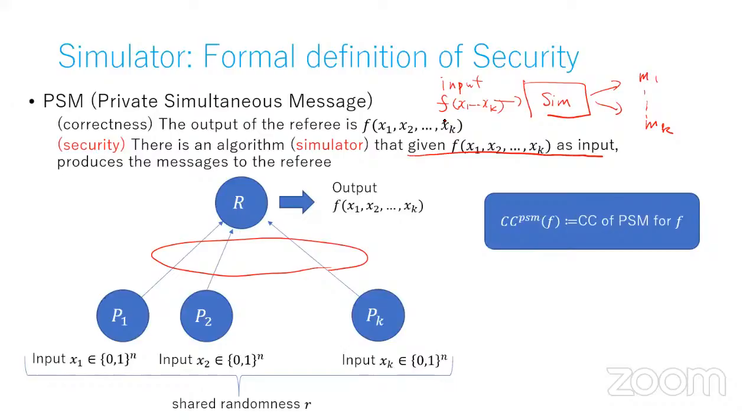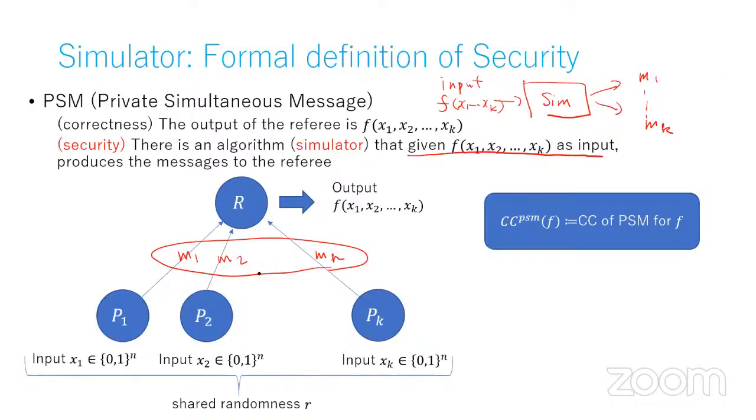I was a little confused about what the simulator does. So you give it just the output of the referee, and then it produces the messages. Yes. What messages? It produces the messages that P1 sent to R and P2 sent to R. Yes, this message. Oh, I do understand now.